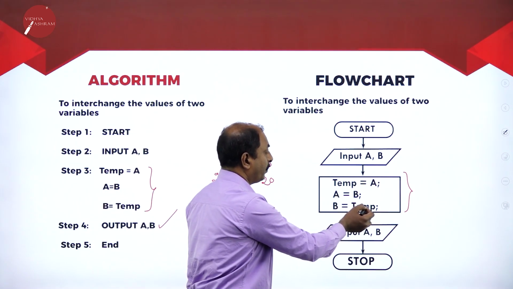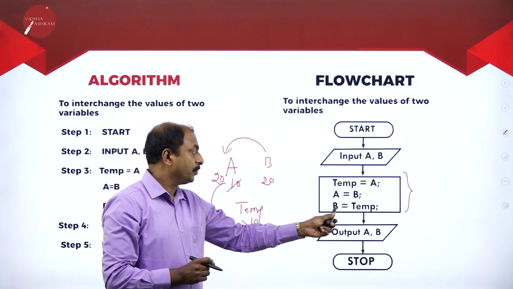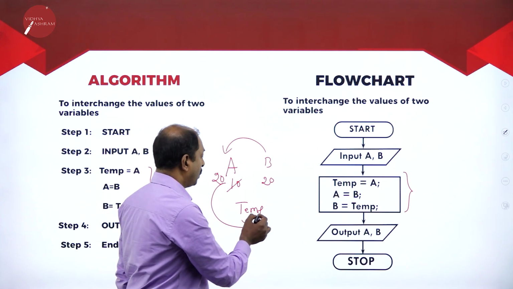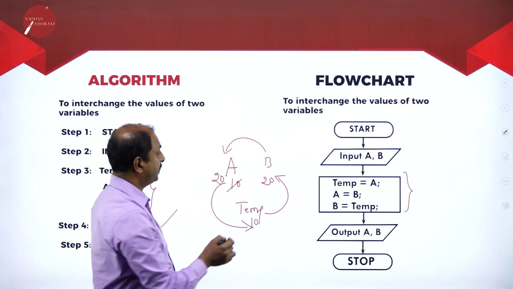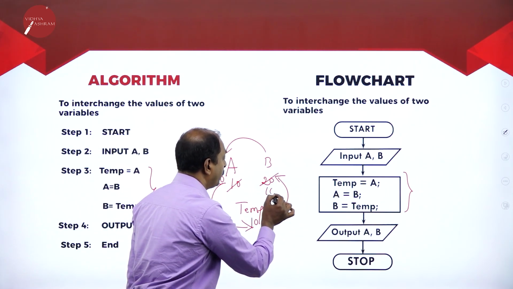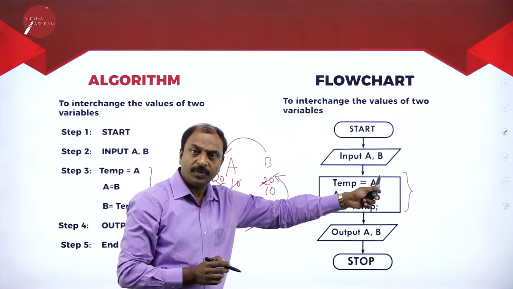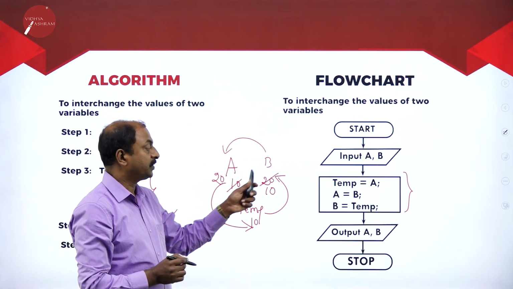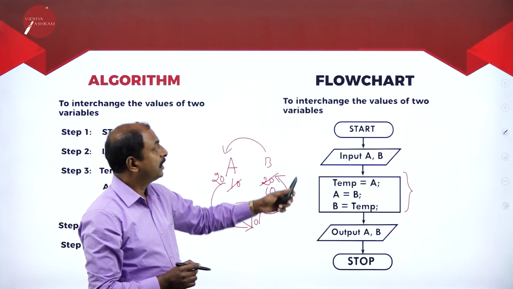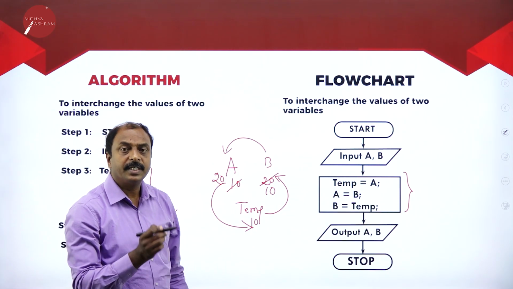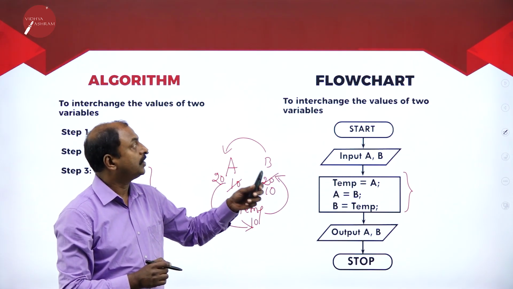Next is B equals temp, which means the value stored in the variable temp will be assigned to B. So this 10 is going to overwrite the value in B. It is 10. So at the end of this process, the values of the two variables are interchanged. So this is the logic, and this is processing. This is a flow chart to interchange the values of two variables A and B.